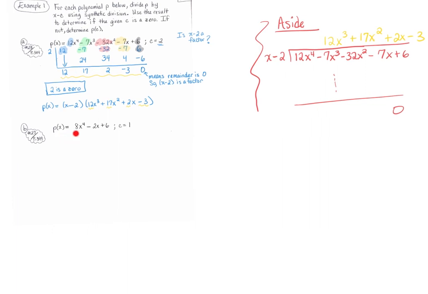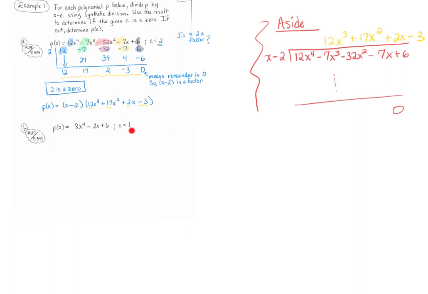P of x equals 8x to the fourth minus 2x plus 6, and c is equal to 1. So we're supposed to be using the result to determine if the given c is a 0. If not, we have to determine p of c. So we're dividing our polynomial p of x by the factor x minus c.